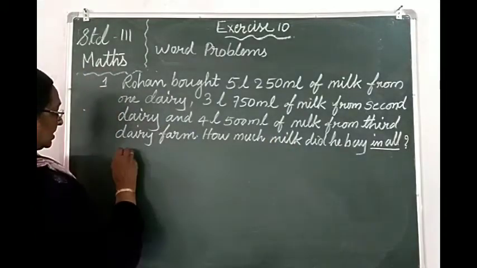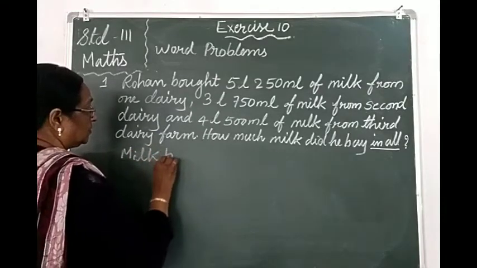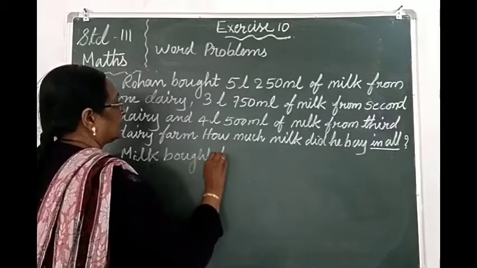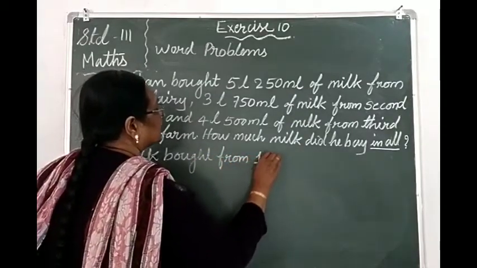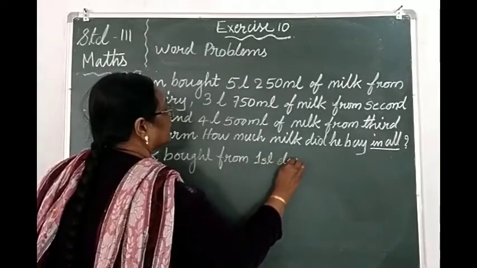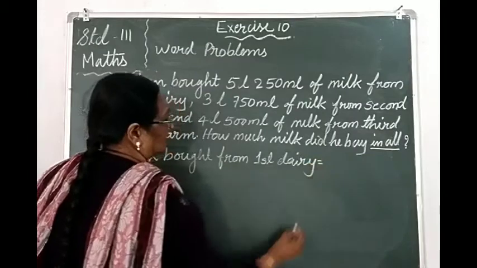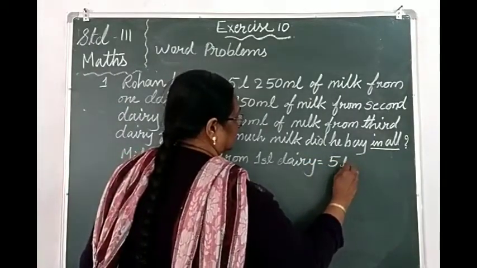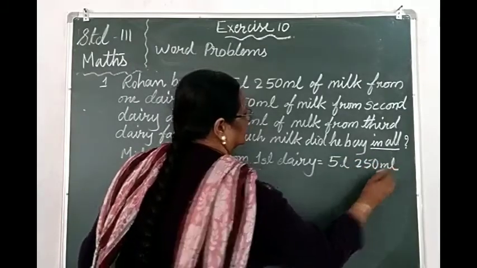Now, we can write milk bought from first dairy is equal to 5 liters 50 milliliters.